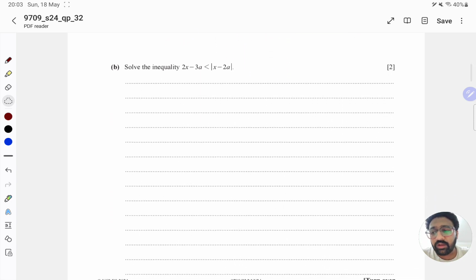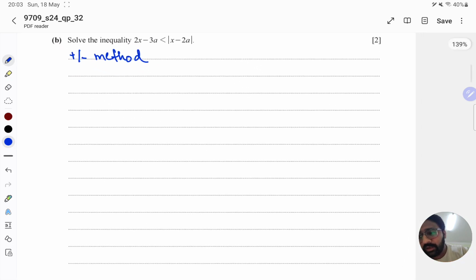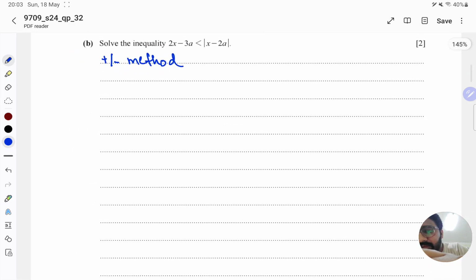Part B says to solve the inequality. To solve the inequality, I'll use the positive and negative method. One time I'll take it positive and the other time I'll take the mod part as negative.